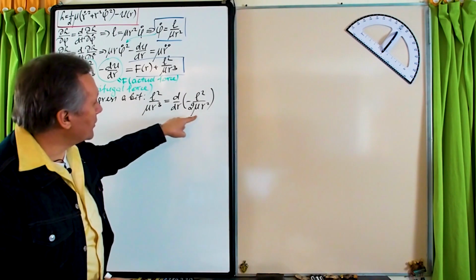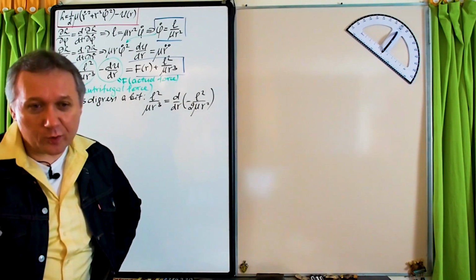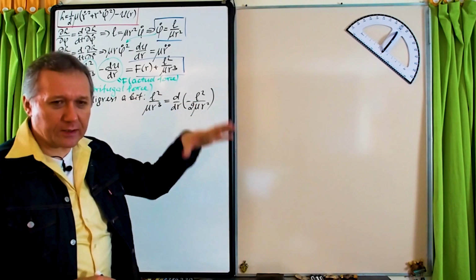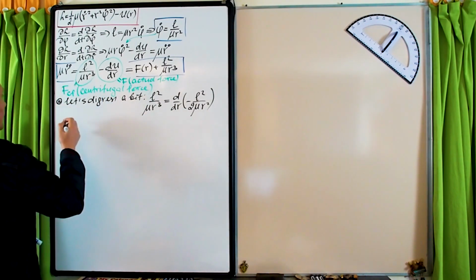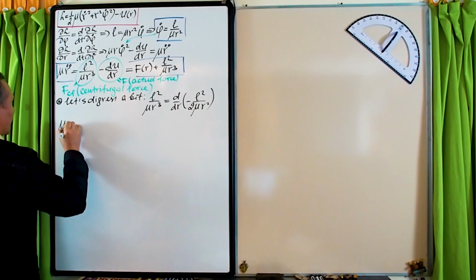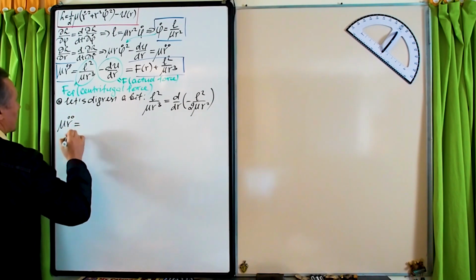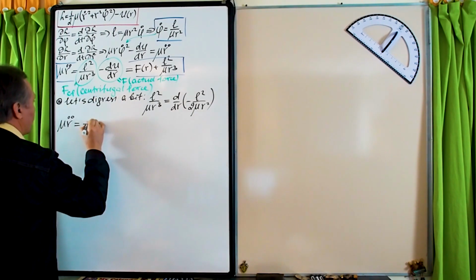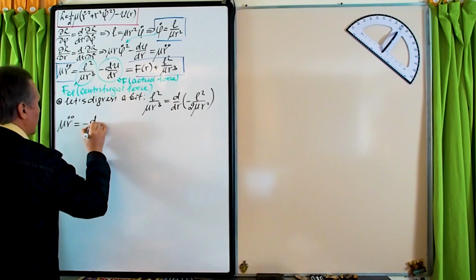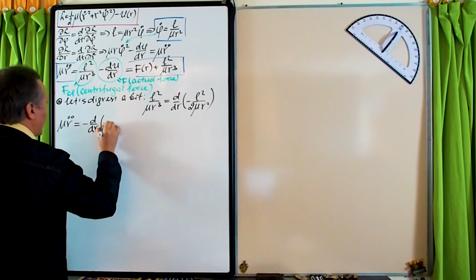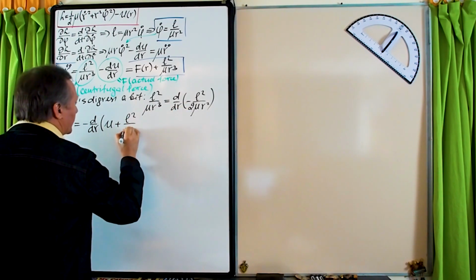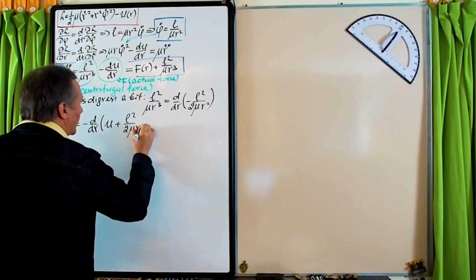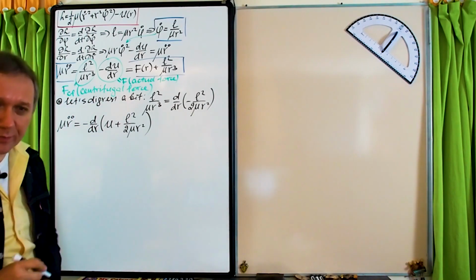And this construction inside, let me insert it, and then I will give it a name. So we can plug it here, and we will end up with mu R double dot equals minus, I will take it outside, d over dr of U plus this L squared over 2 mu R to the power of 2.